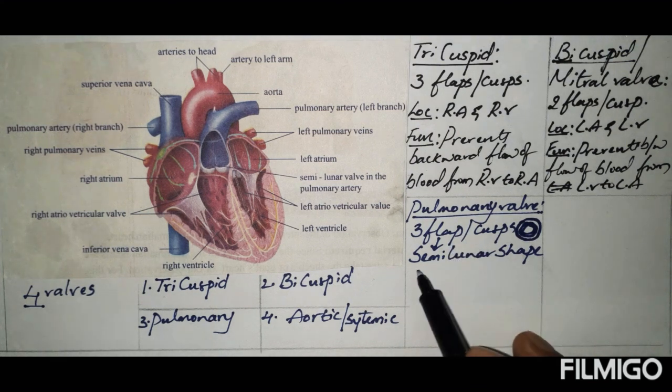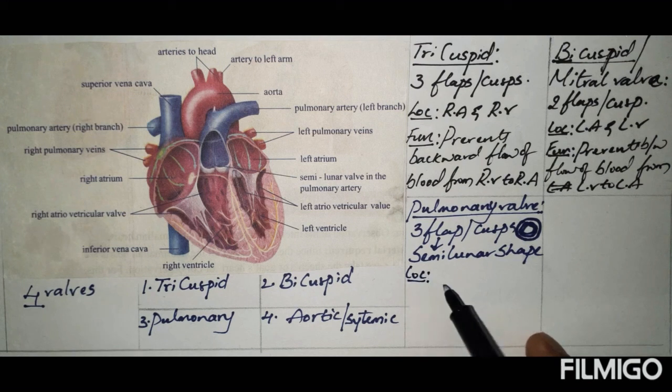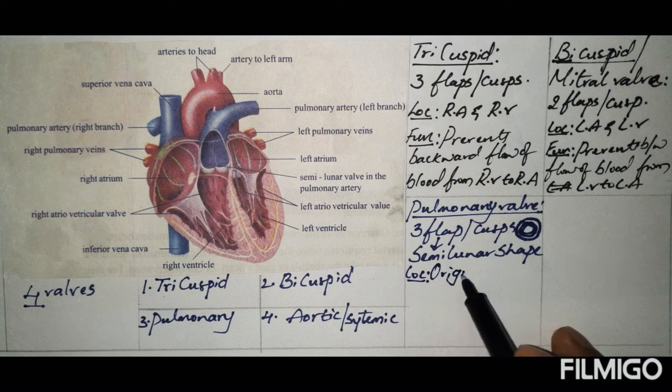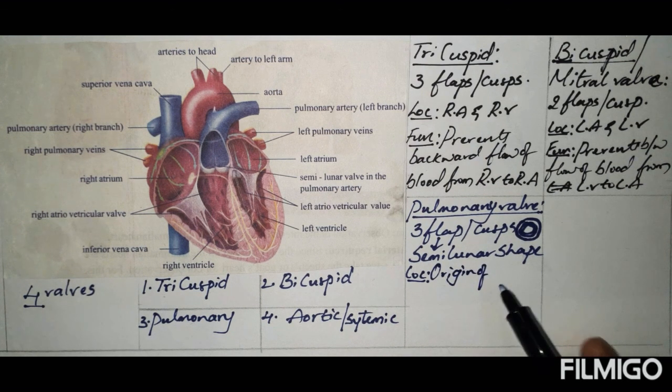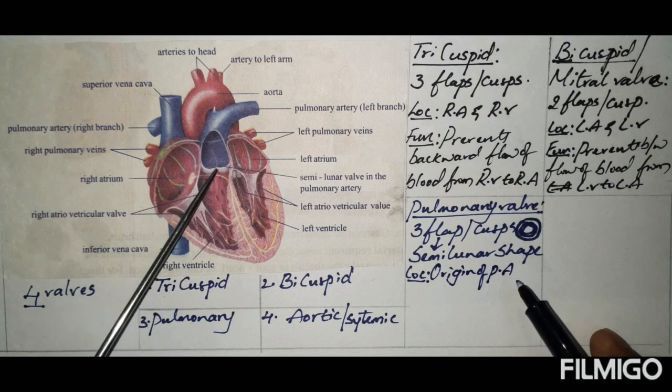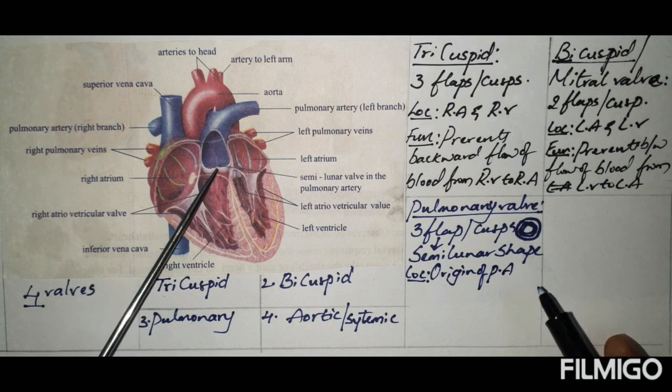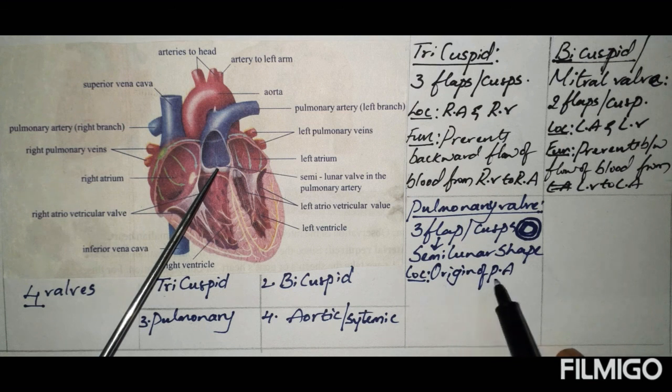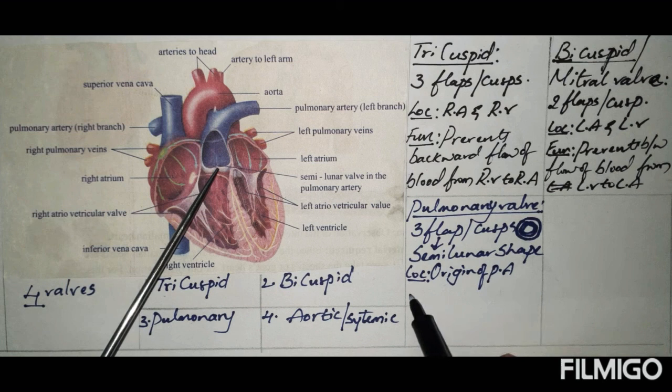Where is it located? It is located at the origin of pulmonary artery from right ventricle. It is located here, the origin of pulmonary artery in the right ventricle. What is its function?